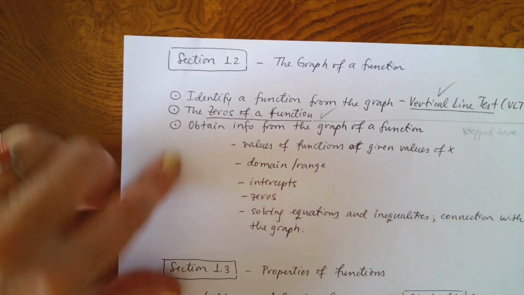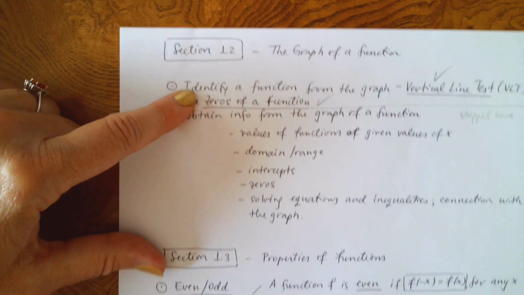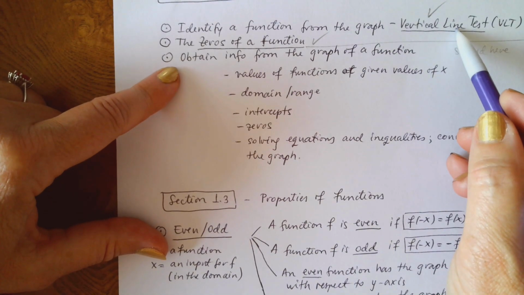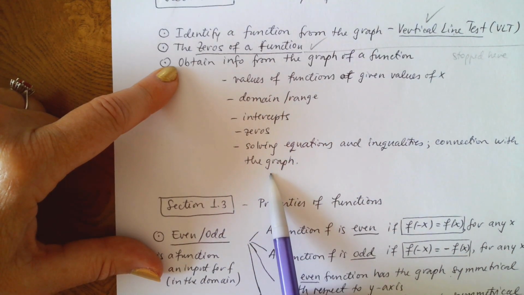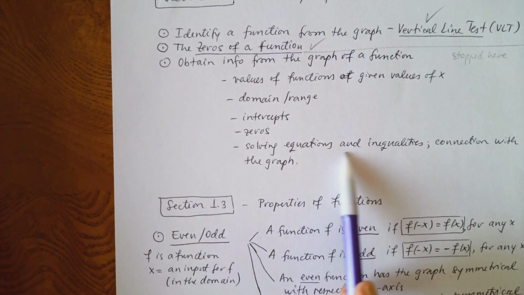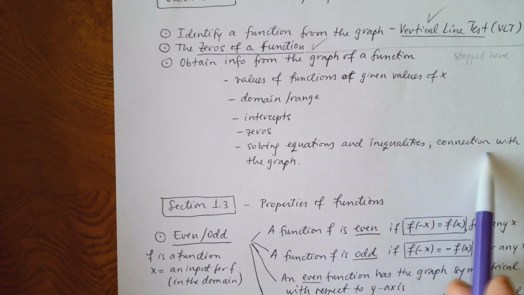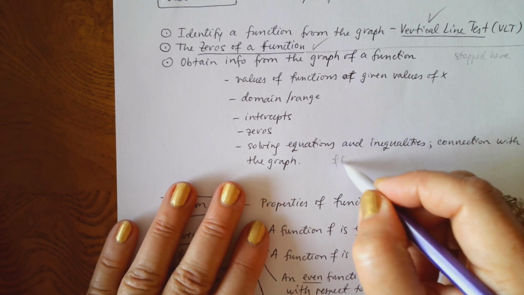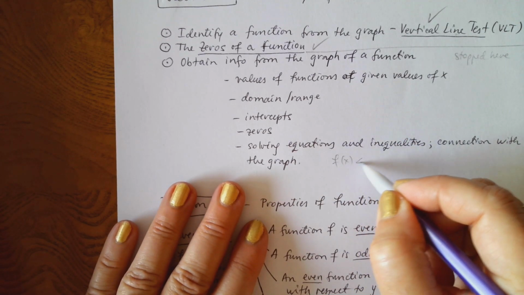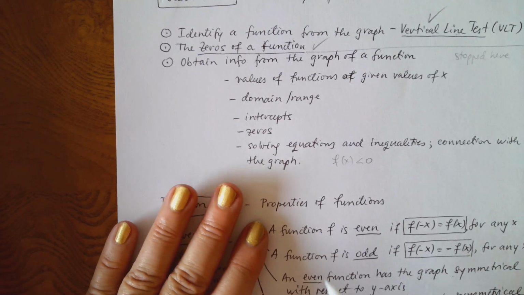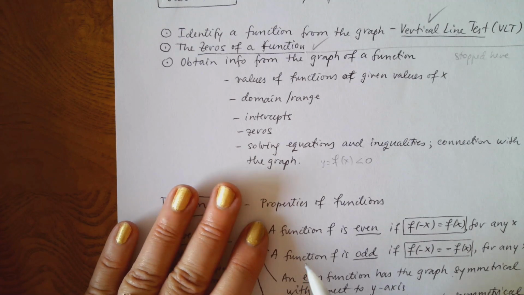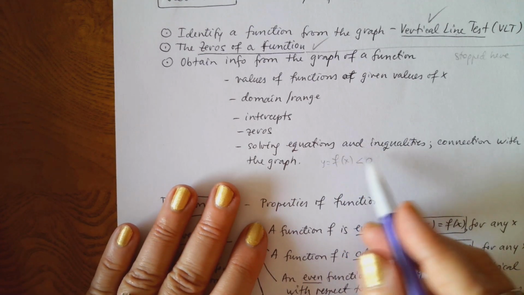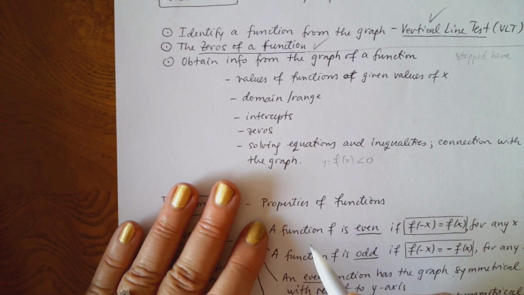I have this one from section 1.2. We talked about the vertical line test in 1.2, zeros of a function, information from the graph, solving inequalities and equations and their connection with the graph. Remember, we solve those inequalities. Find all x for which f of x is less than 0. This means that the y coordinates of the points on the graph are negative, meaning the graph of the function is below the x-axis.